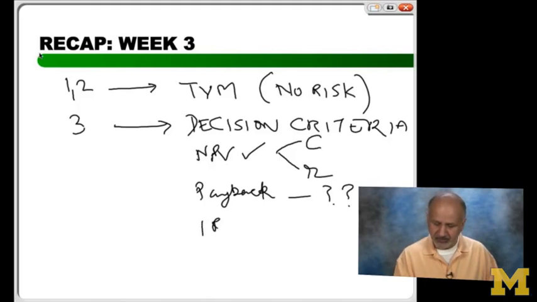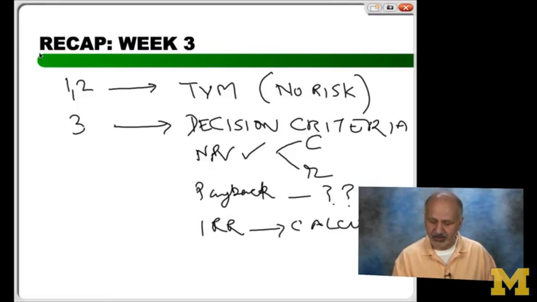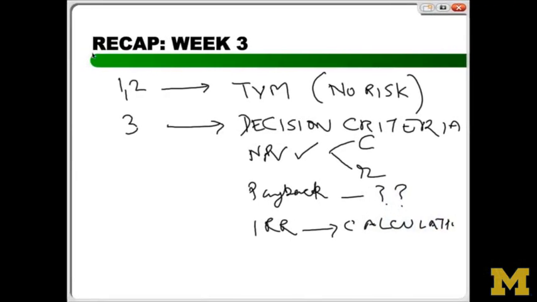The third one, on which we spent a fair amount of time, but largely on calculations, is IRR. And this is what I love about finance: if it says internal rate of return, there's a reason for every word.